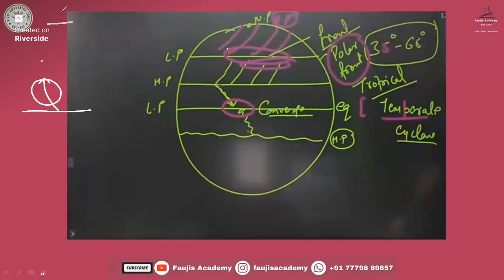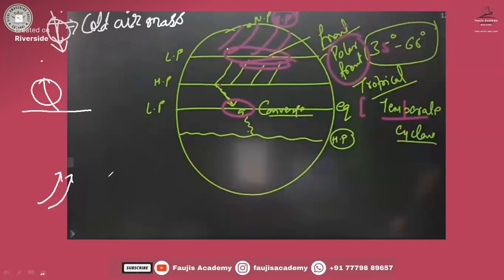So if the wind is blowing from that particular polar area, then that is the cold air mass. Then yesterday we saw, you all know that warm air ascends, and cold air descends.